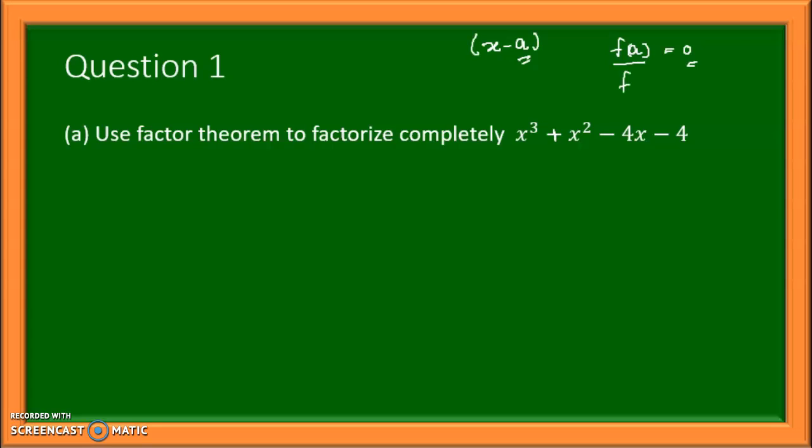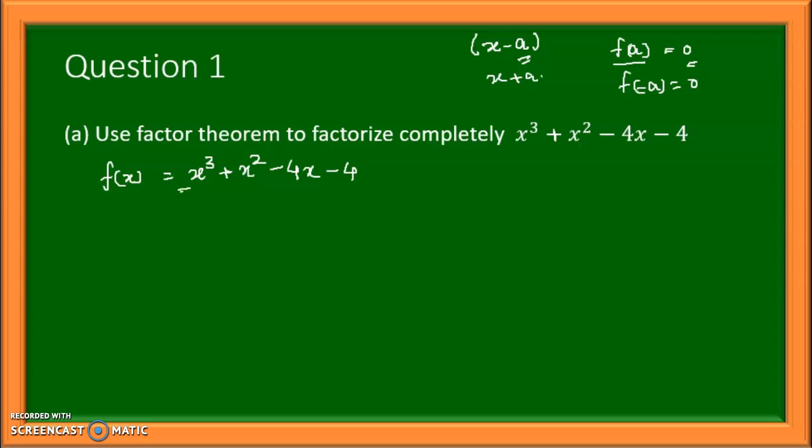And if f of minus a is equal to 0, then x plus a is a factor. So let us write the given polynomial: f of x is equal to x cube plus x square minus 4x minus 4. Now, how can we find one of the factors?